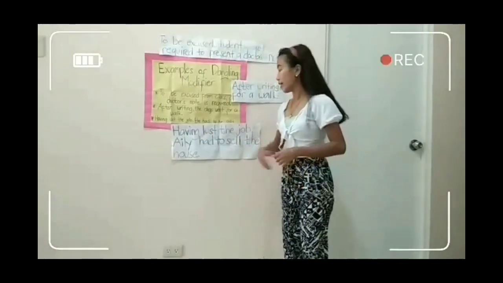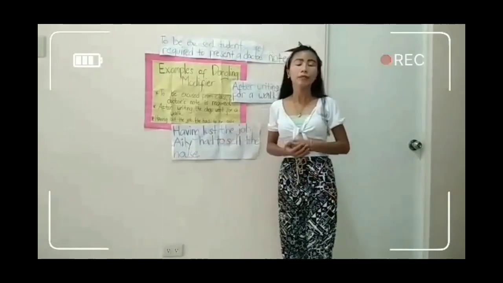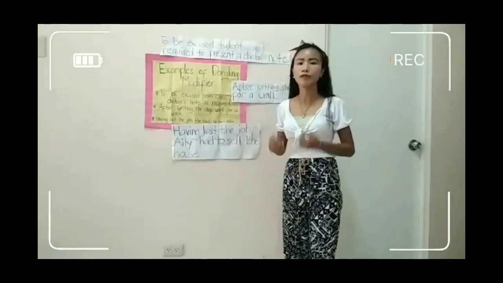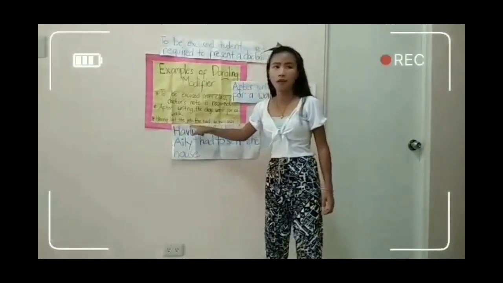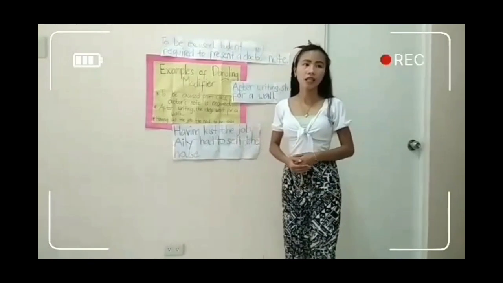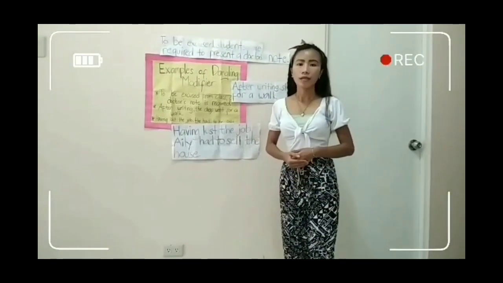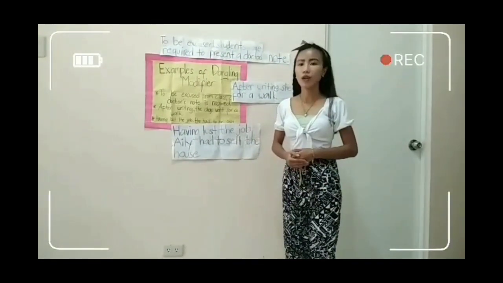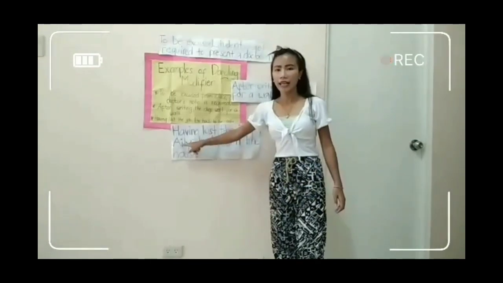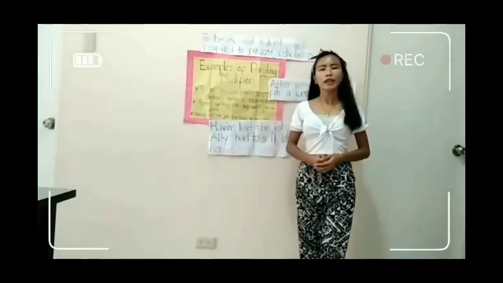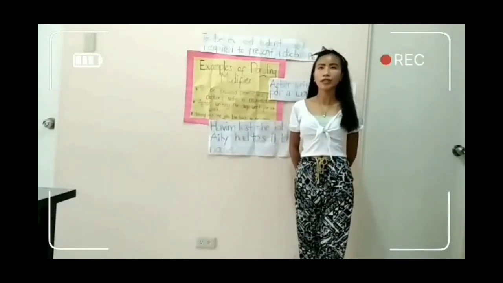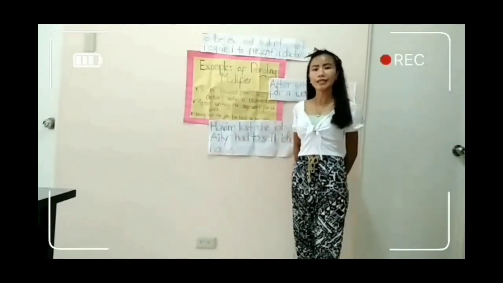Here we added the noun Ivy, which can be modified by the phrase having lost the job. This sentence clearly states who lost a job, which is Ivy. So that's all the examples of dangling modifier. Let's proceed to another example, pronoun antecedent agreement.